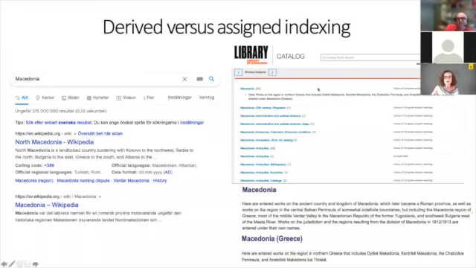This is also referred to as assigned indexing, whereby we conduct semantic analysis, content analysis, and assign terms from a controlled vocabulary or classification scheme. The former really belongs to derived indexing, meaning the words are derived directly from the text. The reason why I'm talking about this is because it's linked also to approaches to automated classification.